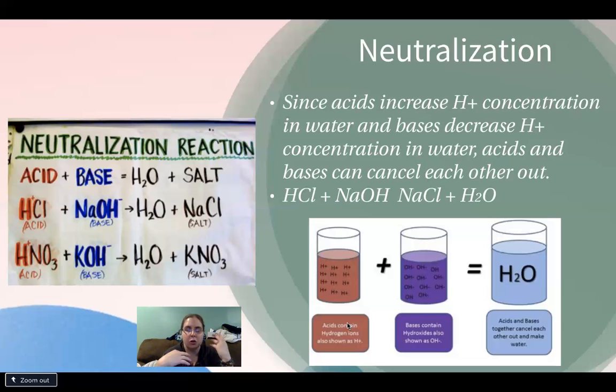So we want to cancel out all of the hydrogen ions with hydroxide ions in order to form water. So if you have a strong acid, you neutralize it by adding a strong base. If you have a weak acid, you neutralize it by adding a weak base. And the products will be water, H2O, plus some kind of salt.